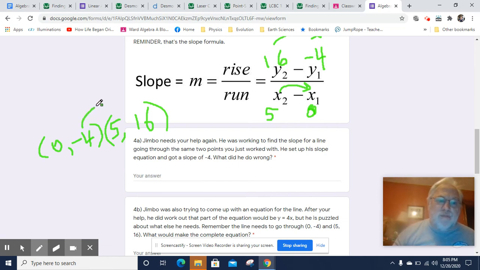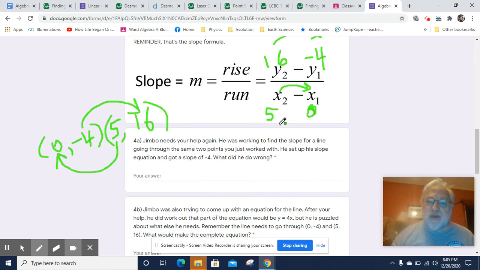He went from this point to this point for the vertical change, but then he went backwards for the other. He's going in opposite directions for his horizontal and his vertical change. If you do that, you will end up switching one of these subtraction problems, and you'll get the opposite answer.